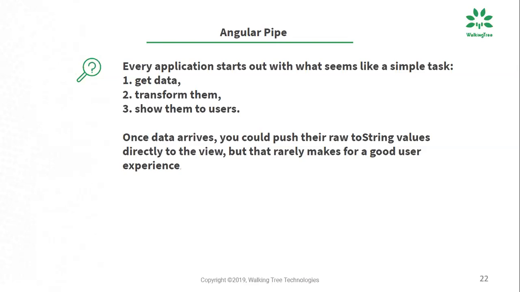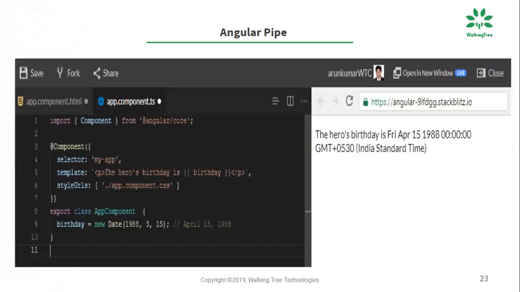We can do the transformations manually also. Let's take a simple example, some date from the backend, and if we show that directly, like in this example, you can see in the template what I have written is the hero's birthday is birthday, and in the variable I am assigning a date in the format of April 15, 1988.